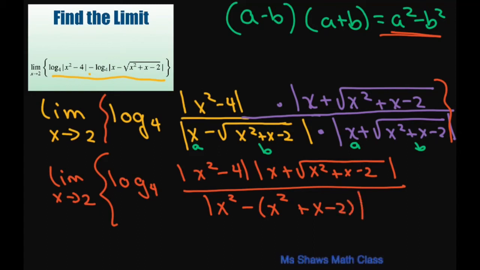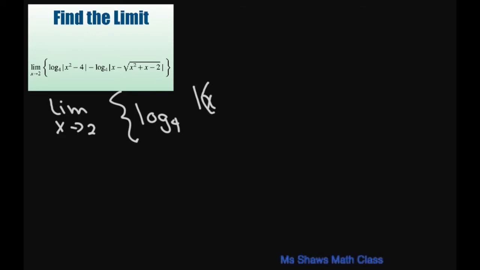Now the next step, what I'm going to do is expand this and simplify my denominator. So that's going to give me the limit as x approaches 2 of log base 4. Now I'm going to do absolute value and expand that: x minus 2 times x plus 2.